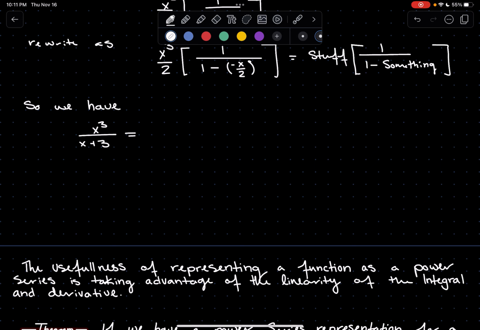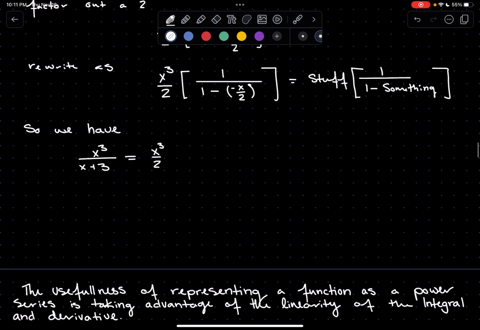This is equal to x over 2, put a cube up there, times this sum from n equals 0 to infinity of our something to the n. And our something in this case is negative x over 2 to the n.